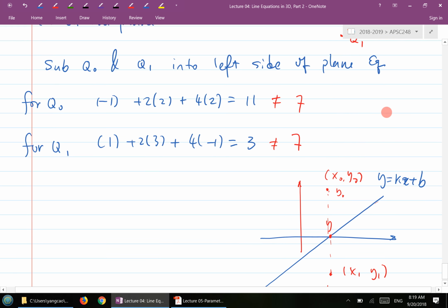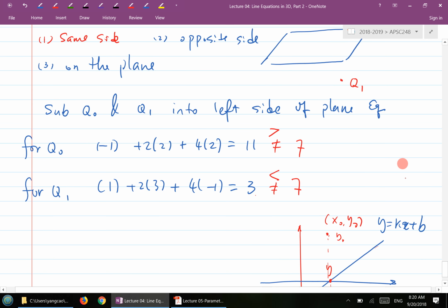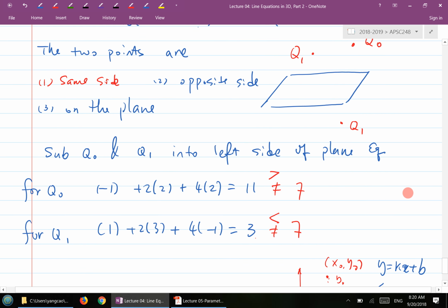So coming back to this equation, 11 is greater than 7, and 3 is less than 7. So now you can conclude these two points are on the opposite sides.